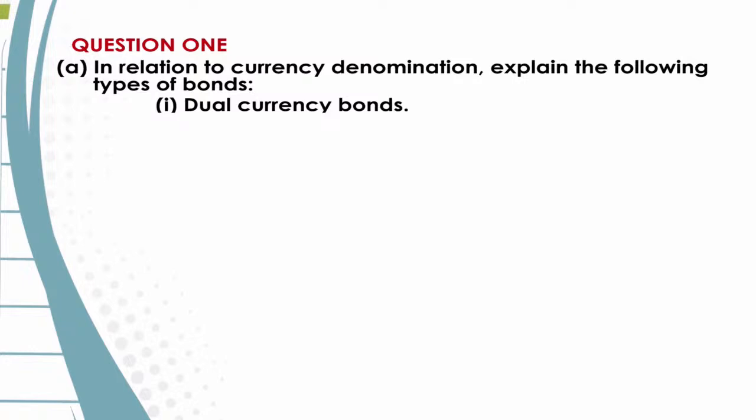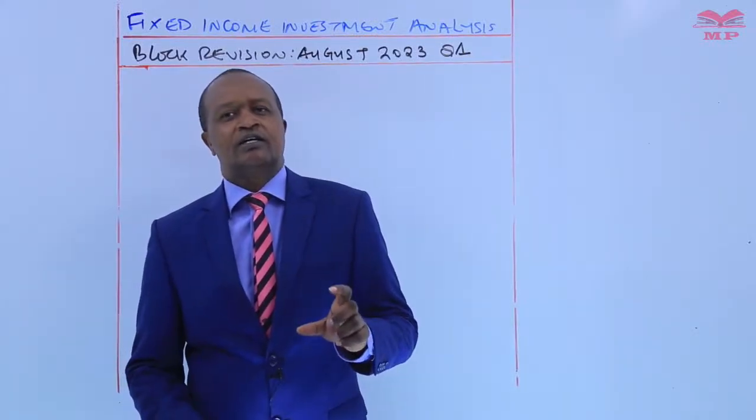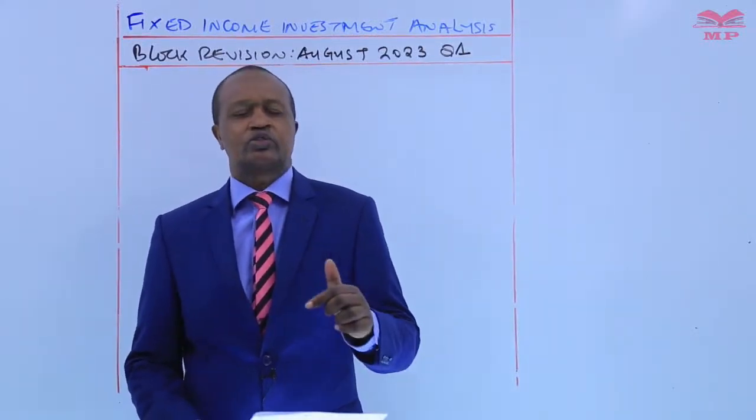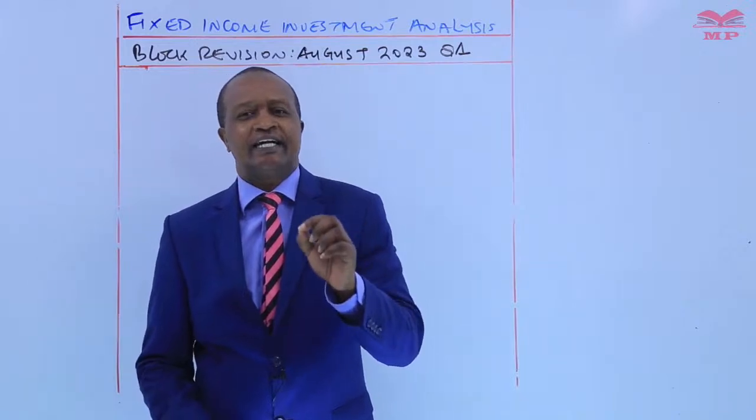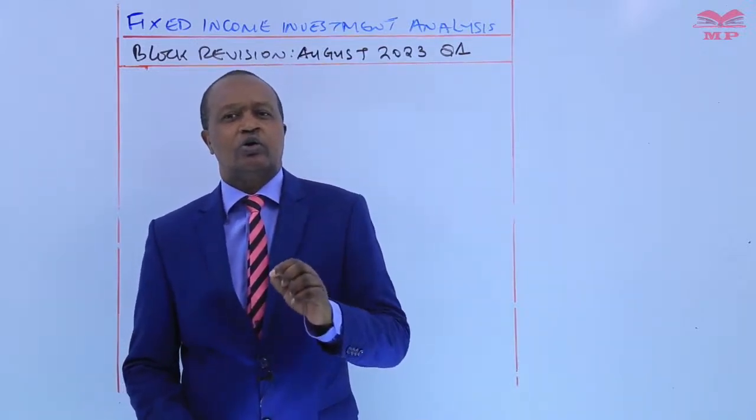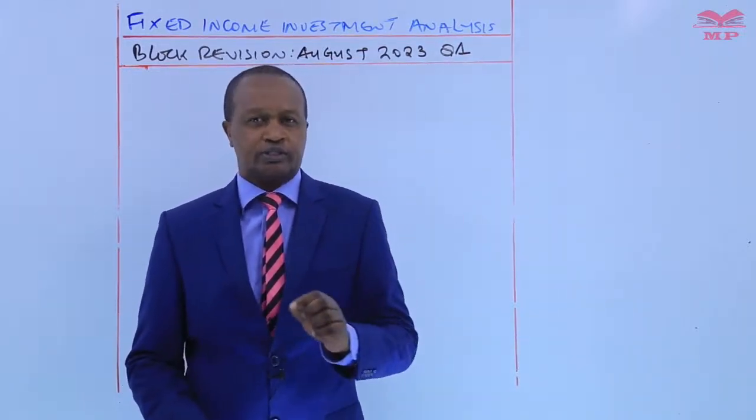In relation to currency denomination, explain dual currency bonds. Dual currency bonds, candidates, are also known as multi-currency bonds or currency option bonds.